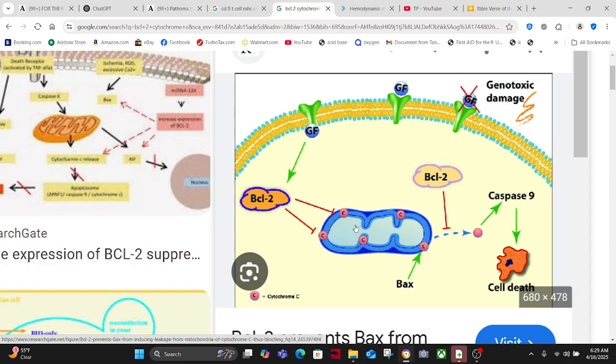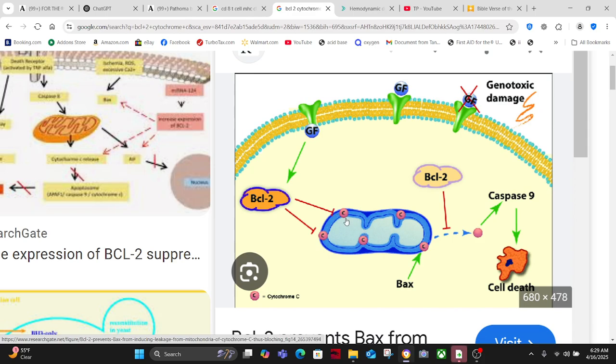BCL2 keeps the cytochrome C very safe inside the mitochondria. But once there is damage to the cell, this will cause damage to the mitochondria and make BCL2 not work.